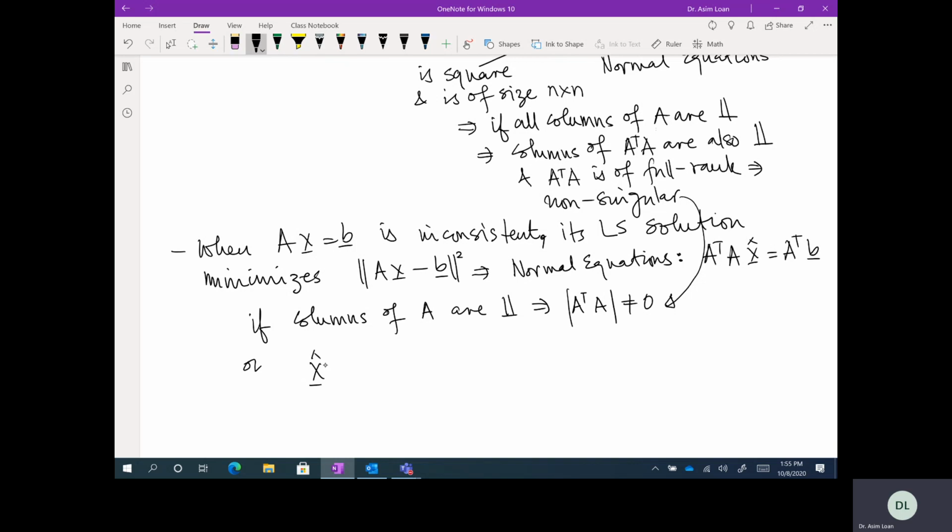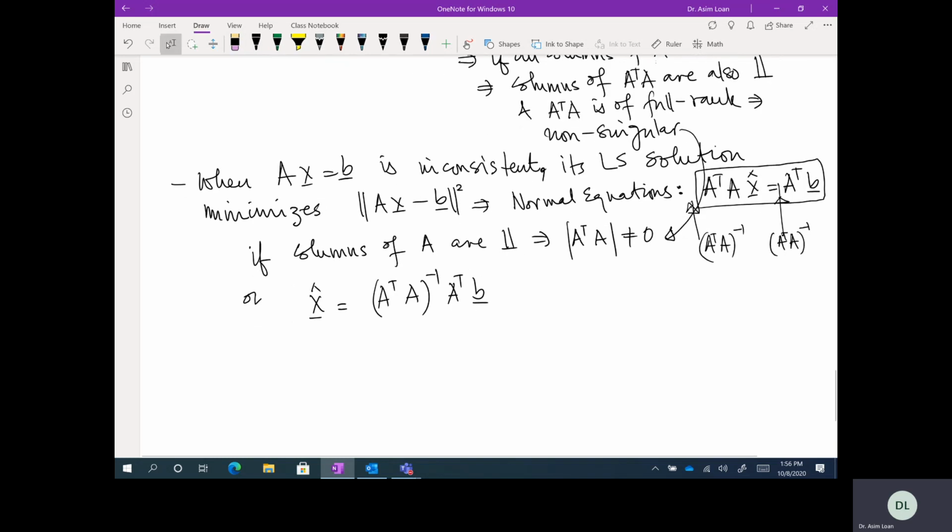So in this equation, if I multiply by A transpose A inverse on both sides, this will become an identity. So X hat is equal to A transpose A whole inverse into A transpose B.